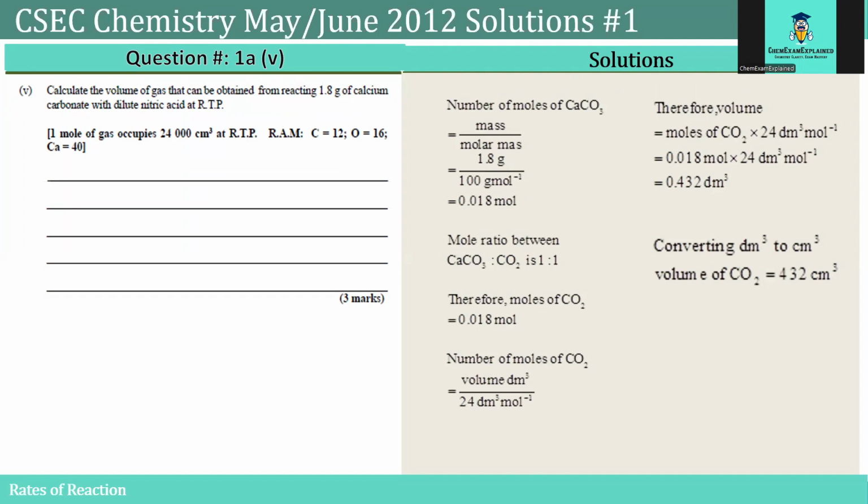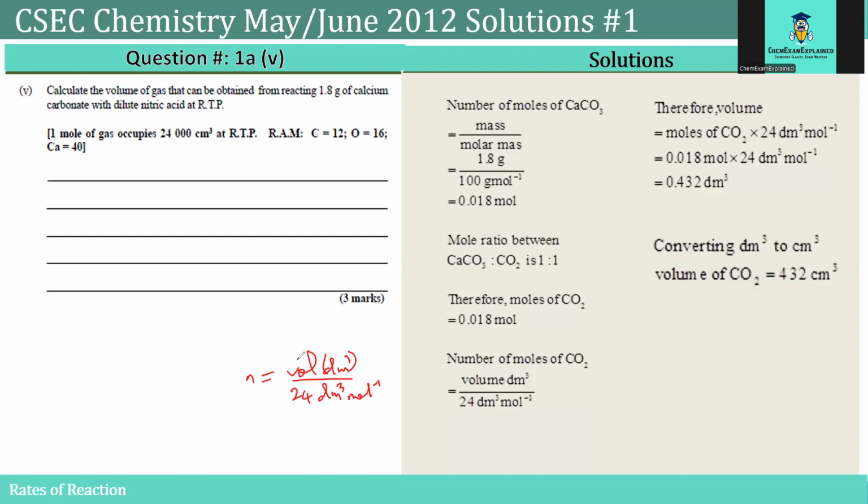So we are now going to find the volume of carbon dioxide from the moles of carbon dioxide. We know that moles of carbon dioxide is equal to the volume of carbon dioxide in dm cube over the value at RTP, which is 24 dm cube per mole.